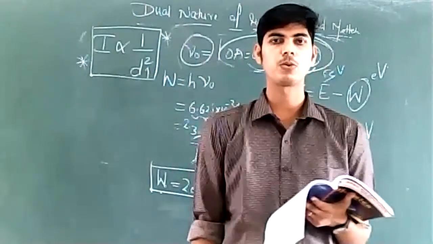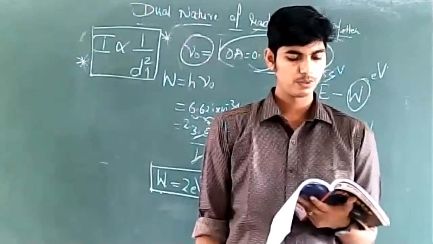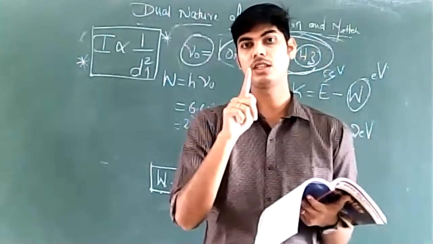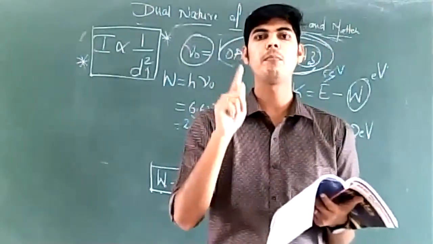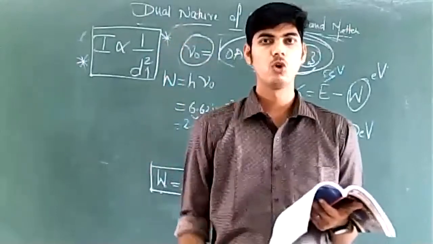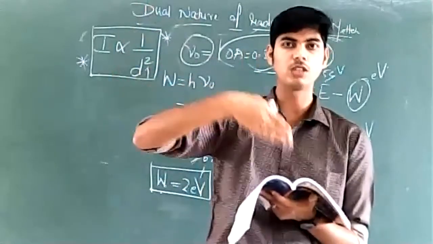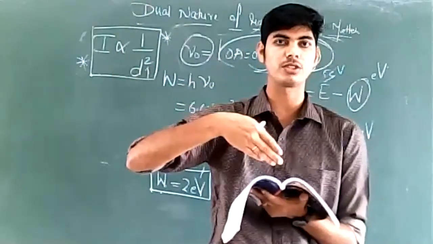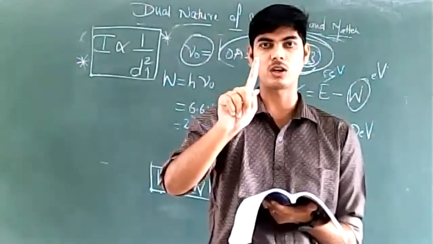Intensity is inversely proportional to the square of the distance, right? I told you what intensity represents. Intensity represents the number of photons present in the light. The more the intensity of light, the more photons are incident on the metal surface. We know that each photon is capable of ejecting only one electron.